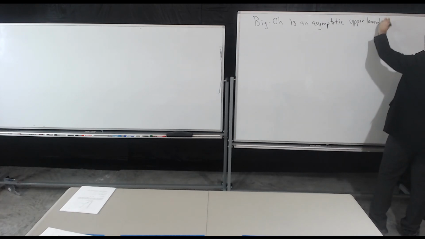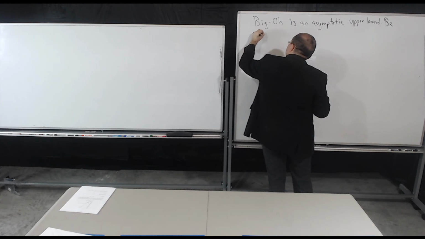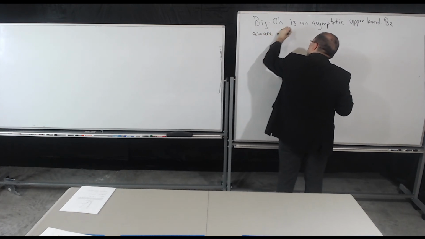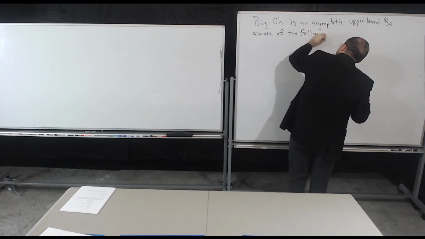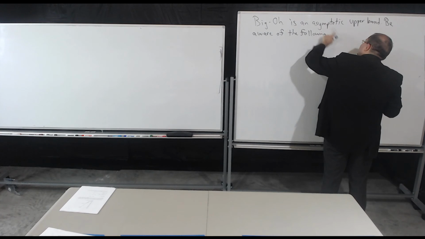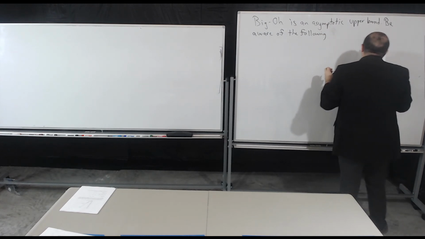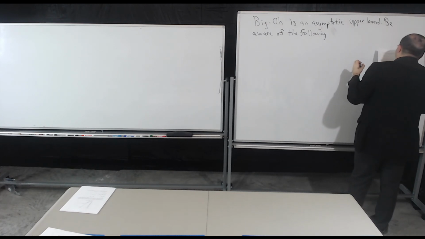I want you to be aware of the following complexity classes. Complexity classes are just sets. However, you should be wary that class just means that all of them are the same type in this sense.